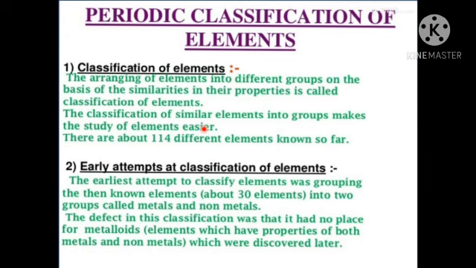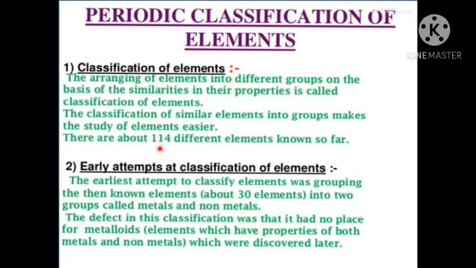As you know, in 9th class you already discussed classification of organisms. Classification always makes study easy. There are about 114 different elements known so far.